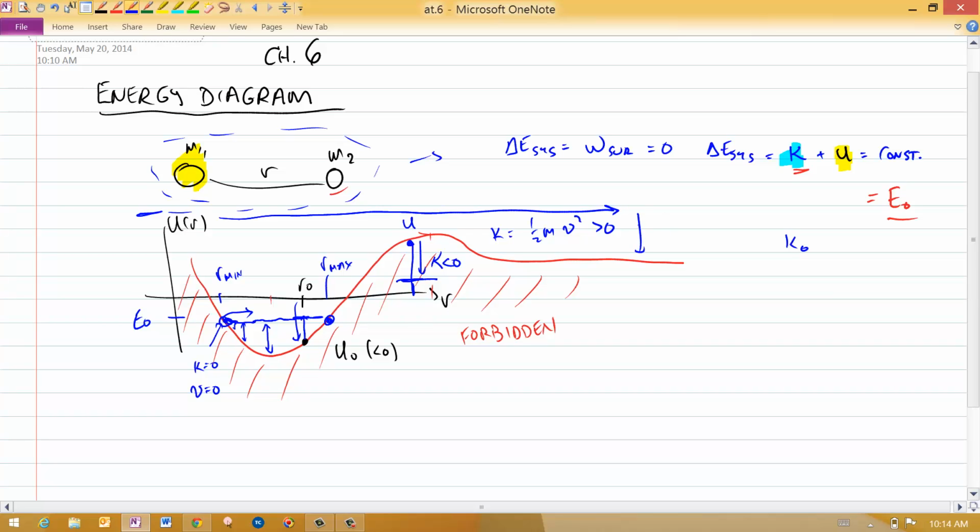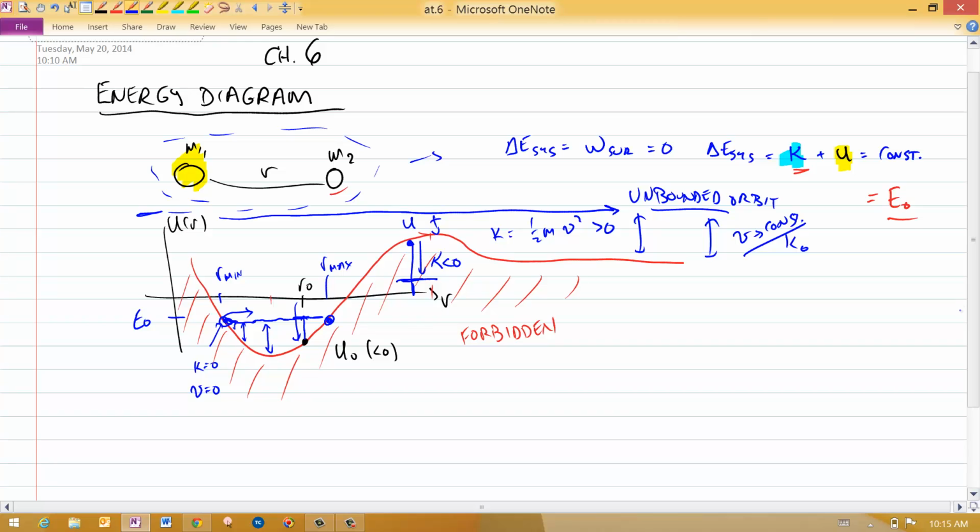It's going with a constant kinetic energy, so its velocity is approaching some constant value. It's not stopping. It's going slowest here. This is an unbounded orbit. Sometimes it's called a scattering orbit.